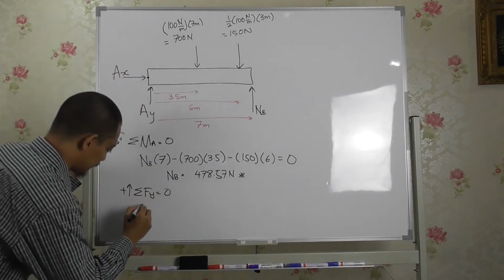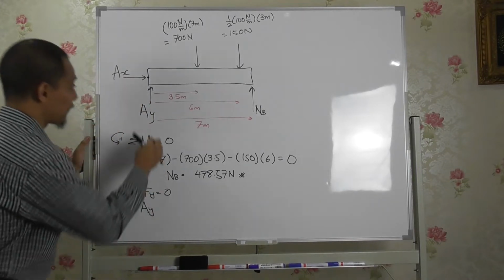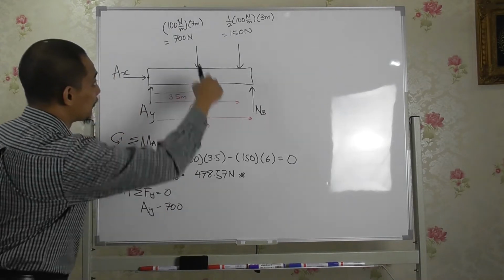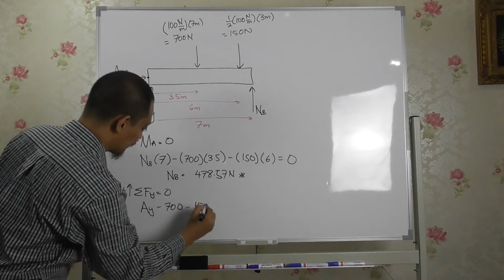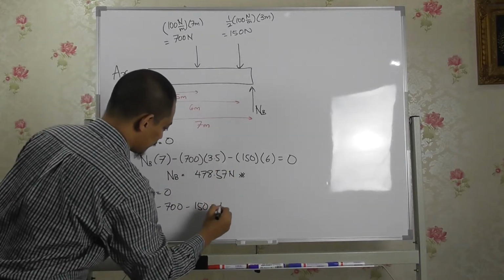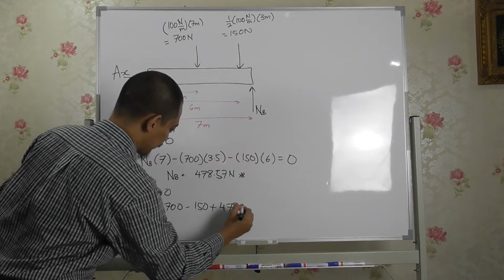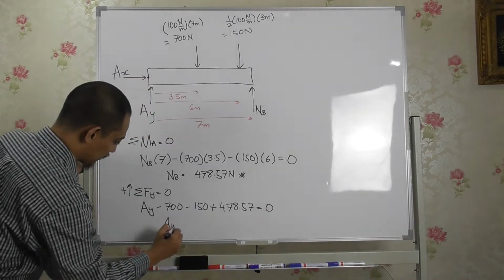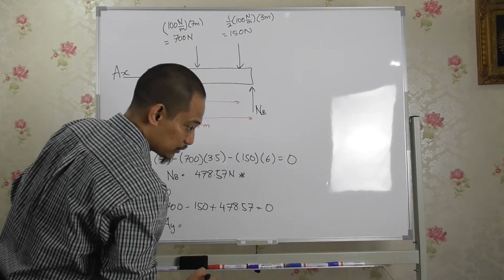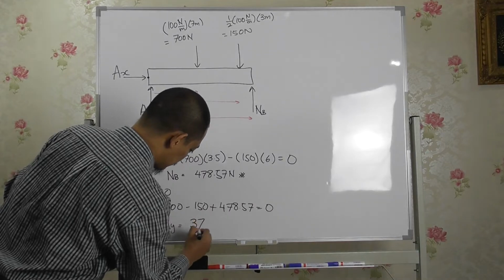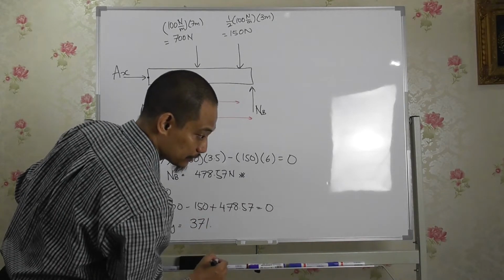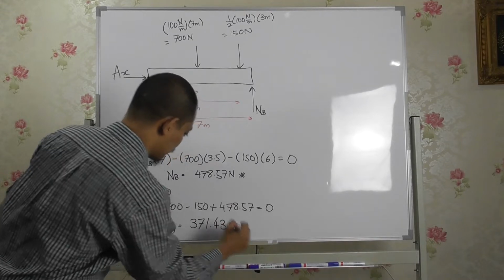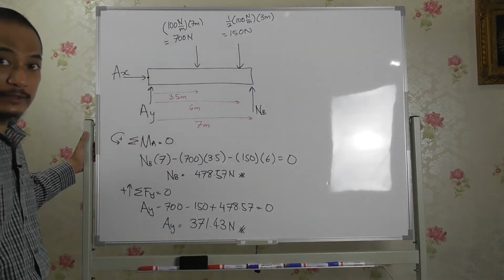So I will have Ay positive and then minus 700 minus 150 plus 478.57 equal to 0. If you calculate this one, Ay equals 371.43 Newton. That's 2 already.